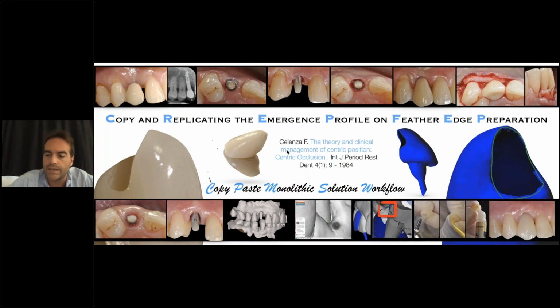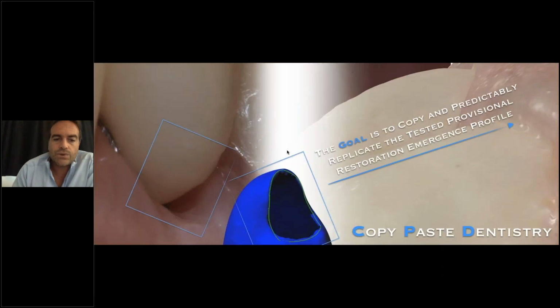We don't like to have this complication in our office, even if sometimes it's possible to manage them, thanks also to digital dentistry, because here you see that this patient was solved with a cubic monolithic zirconia restoration at the end. The great advantage of digital dentistry here was that we were able to copy and paste not only the prosthetic volume that we tested in the patient's mouth through the provisional restoration, but also the emergence profile of the provisional restoration, what is going below the gingiva.